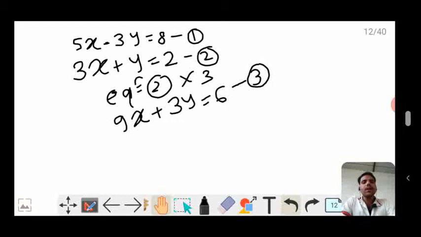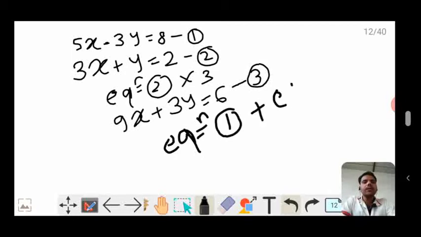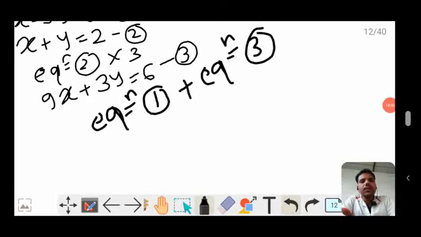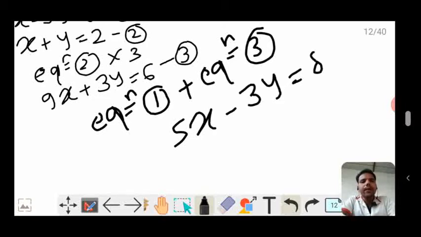So the next step is equation 1 plus equation 3. Equation 1 is 5x minus 3y is equal to 8. And equation 3 is 9x plus 3y is equal to 6.